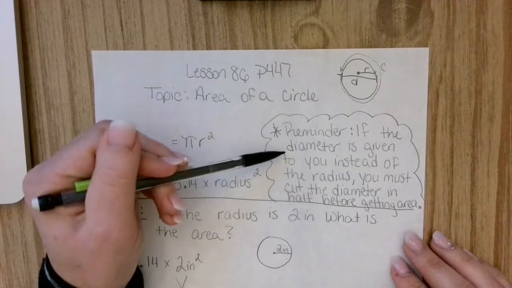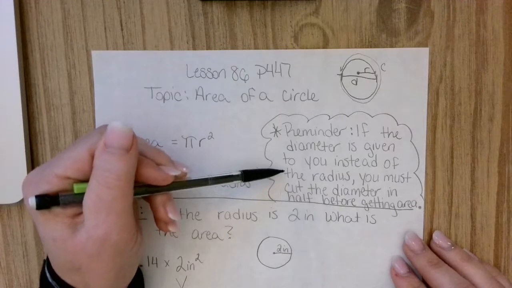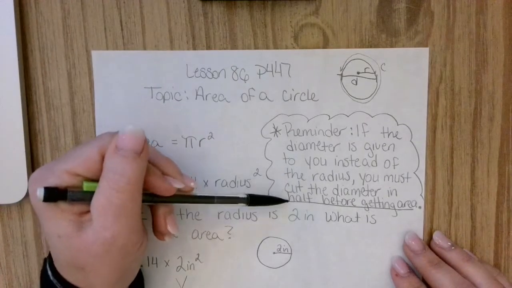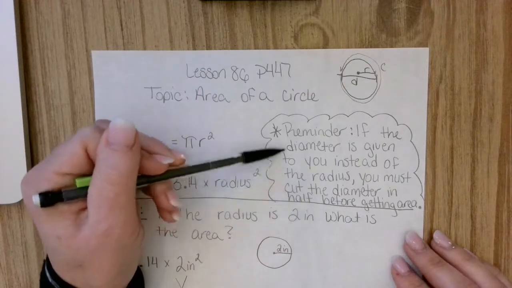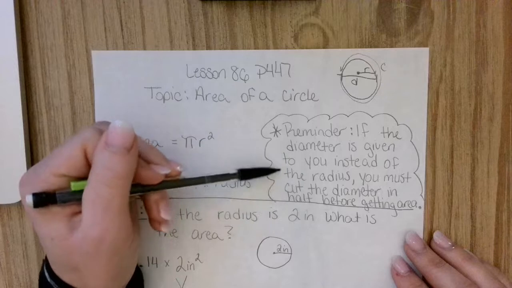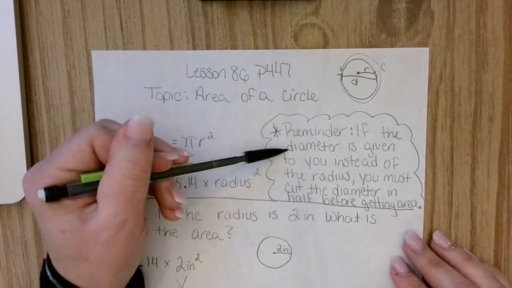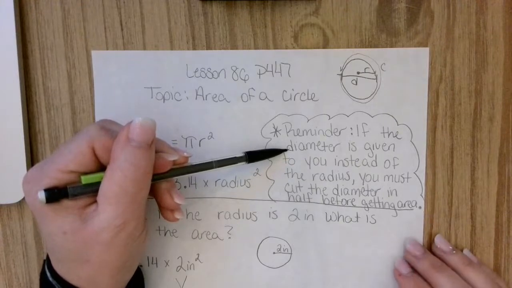Reminder: if the diameter is given to you instead of the radius, you have to cut the diameter in half before you can actually use it to get the area. Please don't forget to cut that diameter in half. You have to use the radius, not the diameter, to get area.